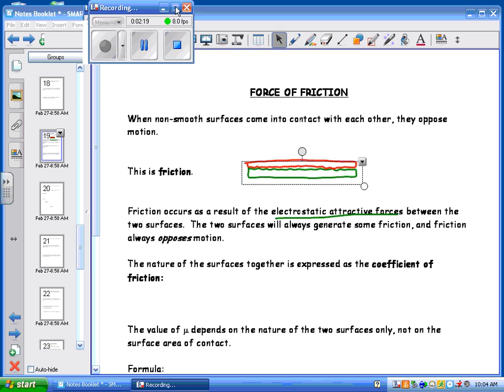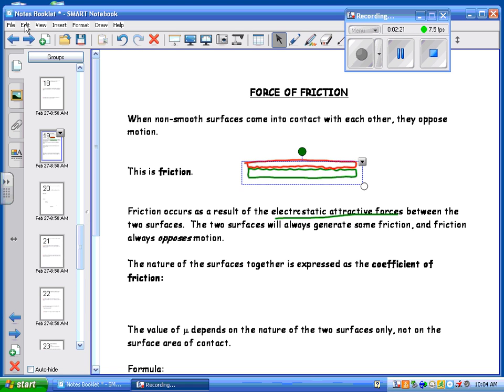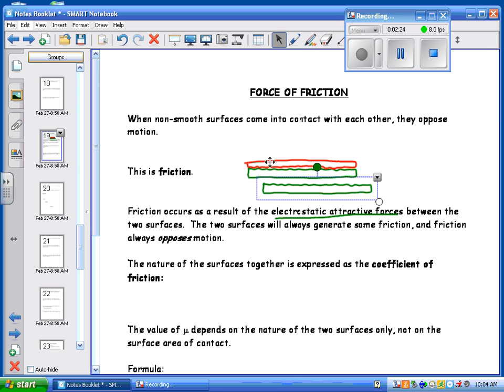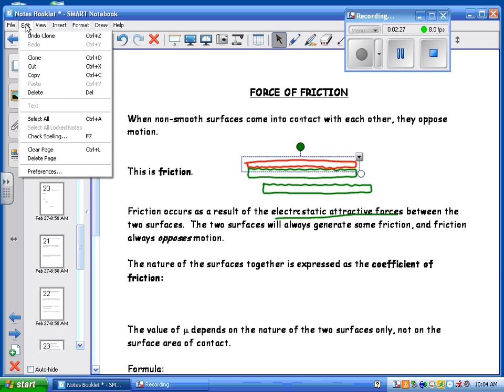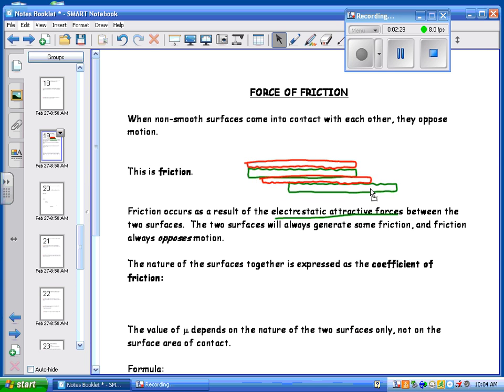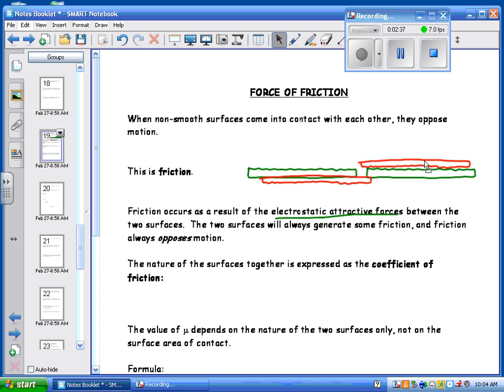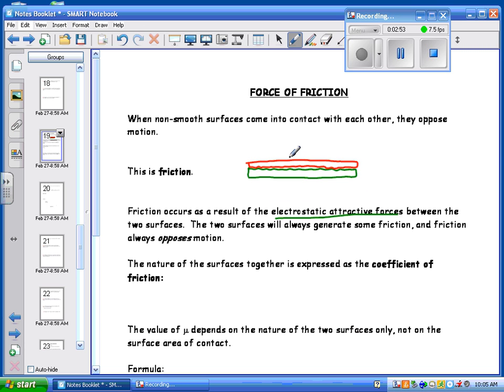Let me see if I can do a little animation here. So if we take these surfaces, when one surface rubs over another surface like that, those little bumps rub against each other, and that is what causes friction. We also only experience friction when something is on a horizontal surface.